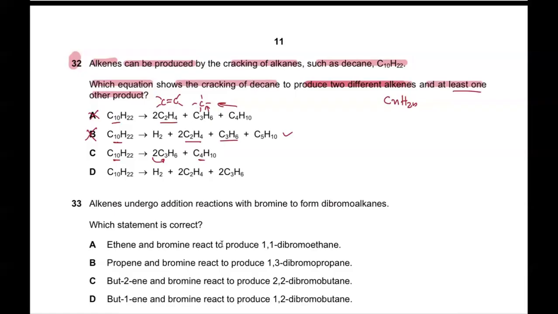Over here, we are getting one alkene and one alkane, right? So C goes wrong. You see over here, C2H4 and C3H6. So both are alkenes and one other product. So D is the correct answer.